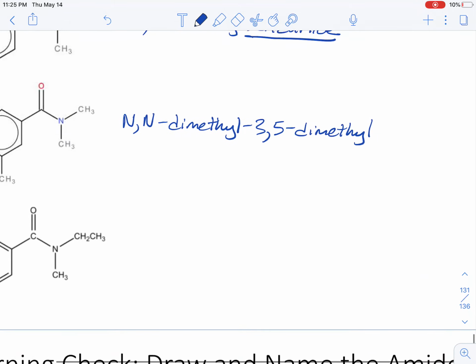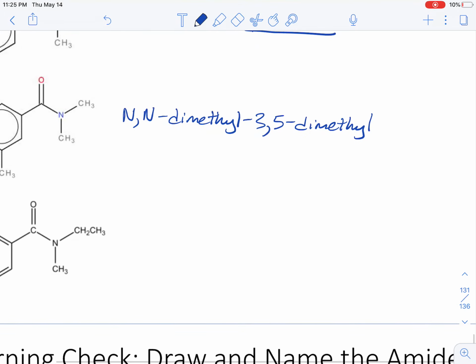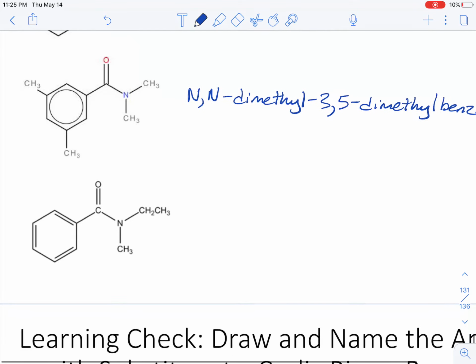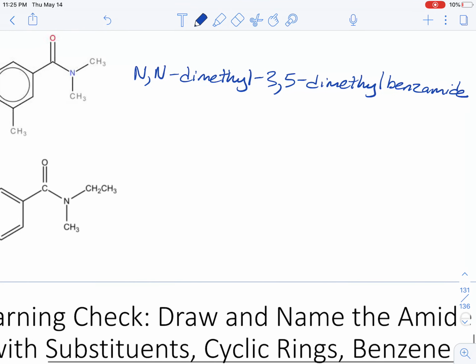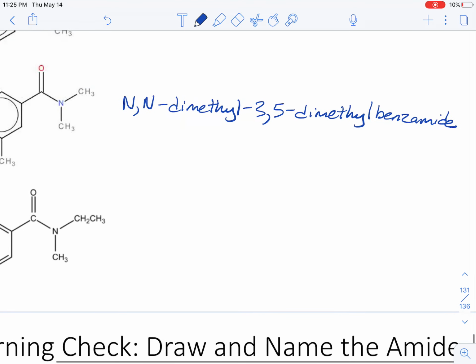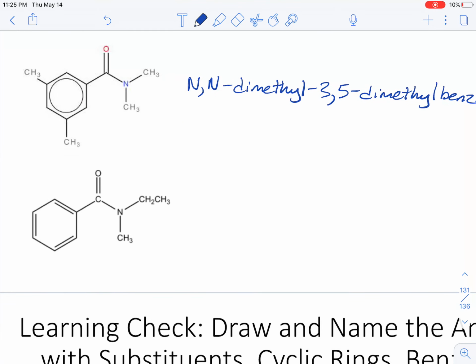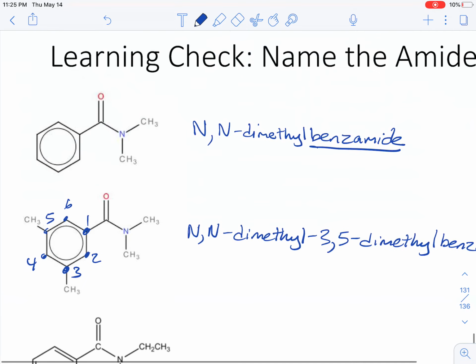And so what I'm going to say afterwards is benzamide. All right. And so this is carbon 1, 2, 3, 4, 5, 6. So remember, benzene rings can be represented with a hexagon and a circle inside.